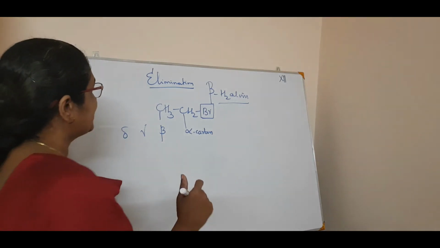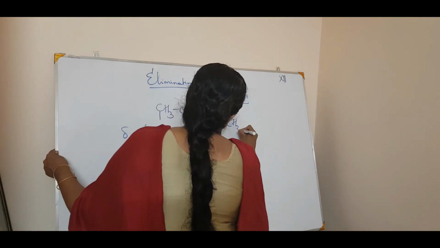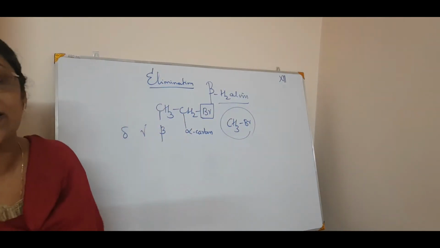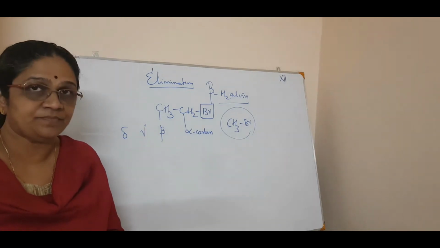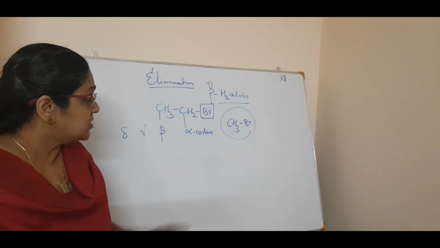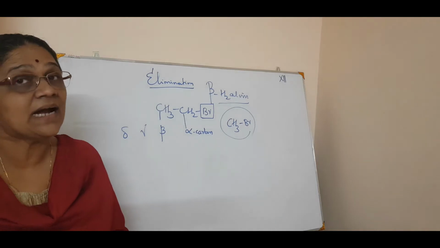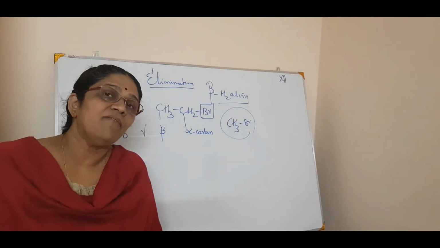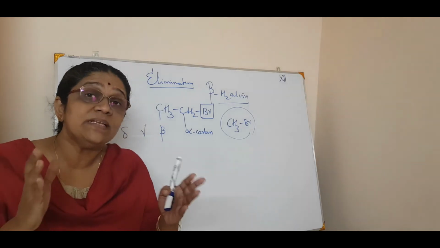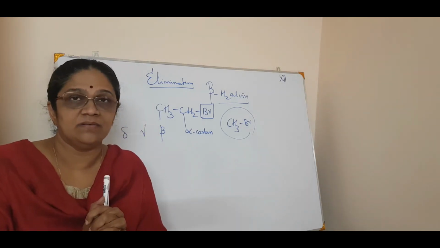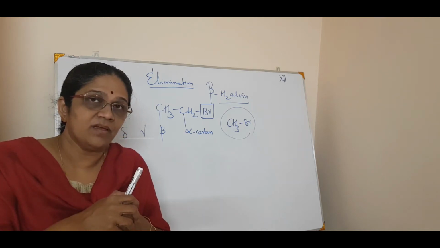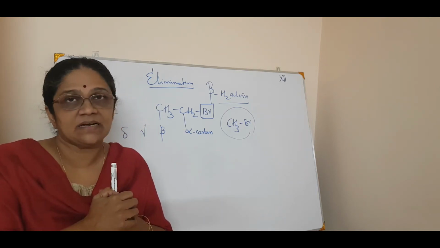Now if I ask you a question whether this haloalkane undergoes elimination reaction, will it? It is only CH3Br. Where is the beta hydrogen atom? There is no beta carbon atom. And one more thing, you cannot have a beta hydrogen atom without a beta carbon atom. Remember. Why do you say a beta hydrogen atom? With respect to the beta carbon atom.